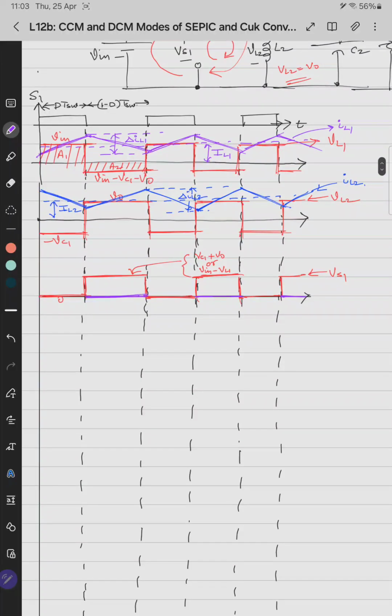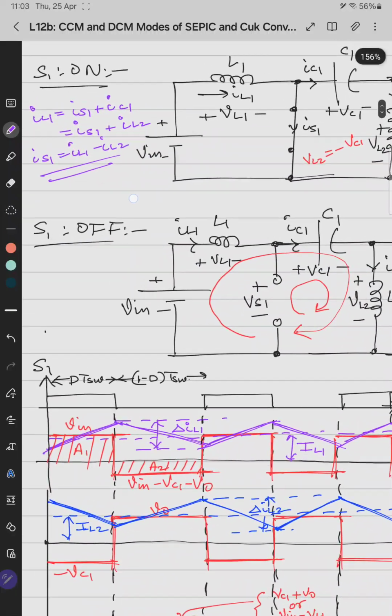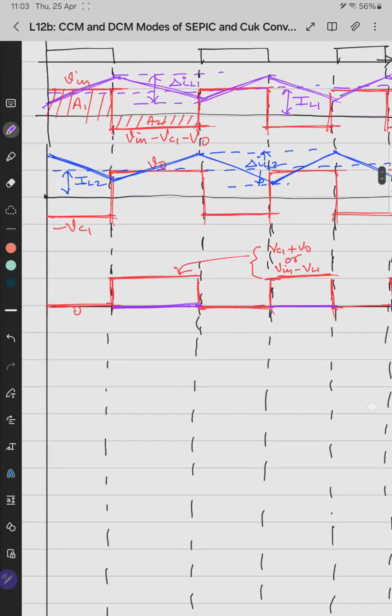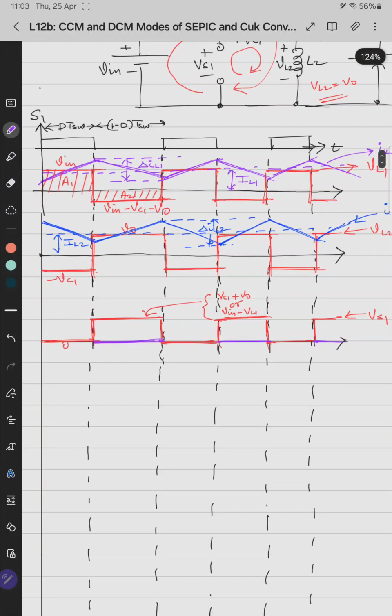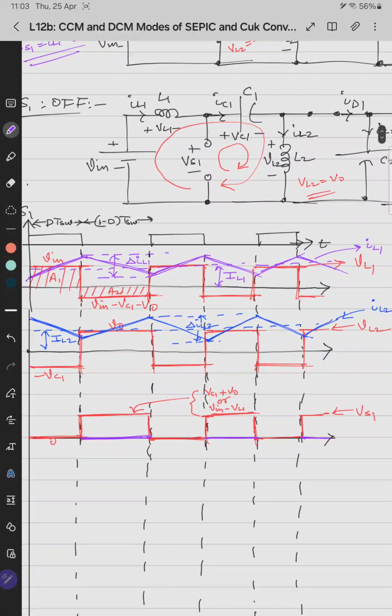Now we'll draw the waveform of switch 1, IS1. When the switch is on, IS1 is what we have written here: IS1 is IL1 minus IL2. So for both the waveforms, we'll do the summation. IL1 minus IL2. Minus IL2 means the waveform is a mirror image in the other direction, so IL2 is negative.